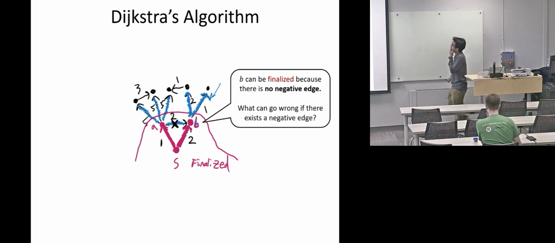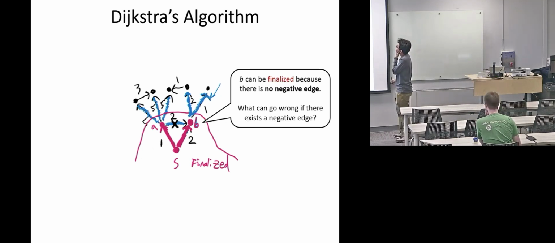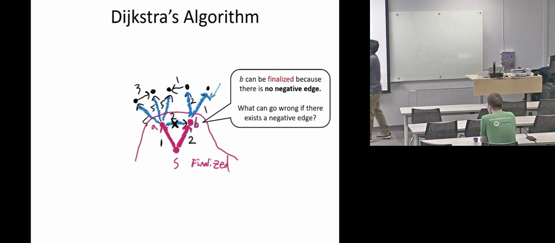All right. So this physical intuition that you can finalize the distance of some node here really works because there is no negative edge.